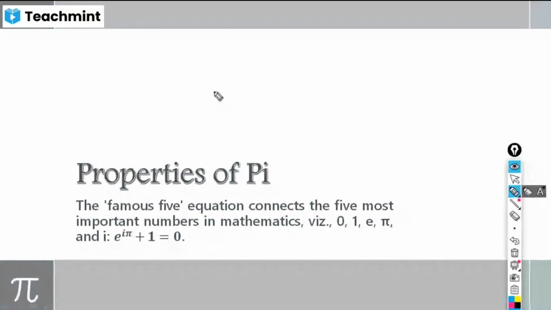Even though we know there is not going to be any end, still we are finding the decimal places, and the human brain is fascinated to find more and more digits after the decimal point. This pi is also present in a famous equation, that is e raised to i pi plus 1 is equal to 0. You are going to learn this in the higher classes.